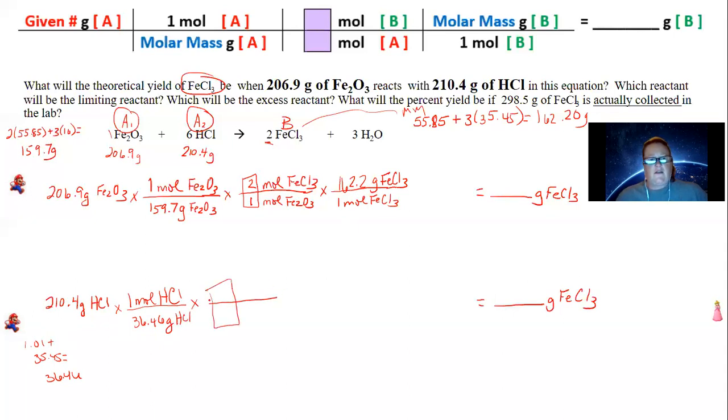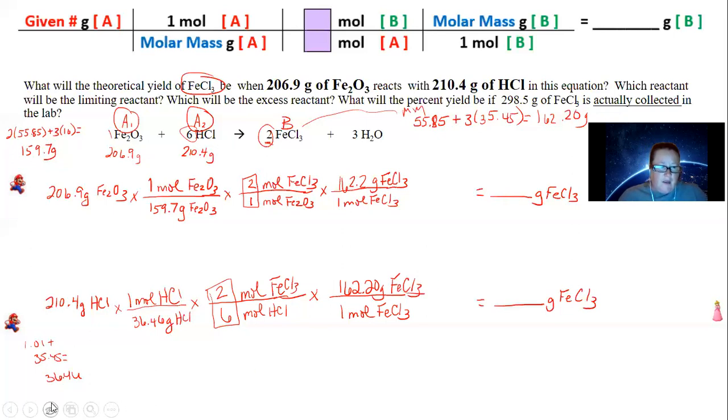And next is our mole ratio. I have moles of A on the bottom, moles of HCl, moles of B on the top, moles of FeCl3. I have a 6 in front of my HCl, and I have a 2 in front of my FeCl3. And 1 mole of B, which is FeCl3, has a molar mass of 162.20 grams of FeCl3.